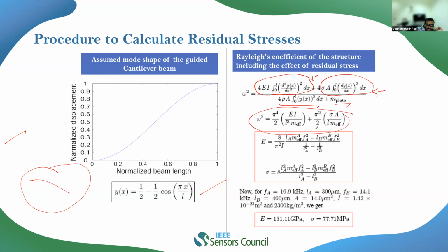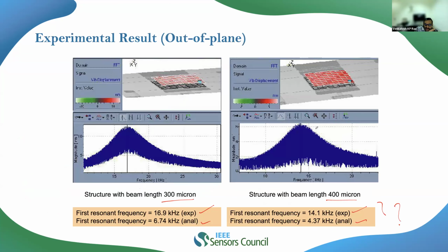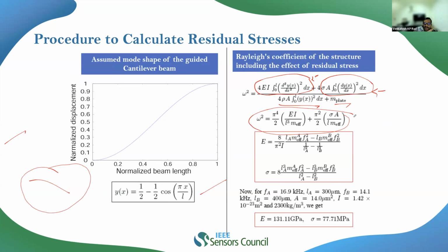Now, I have beams of two different lengths, so I have two different frequencies. Let's say one is LA, the other one is LB, and we have FA for LA and FB for LB. We have two equations and two unknowns. So let us assume that E and sigma, I don't know.